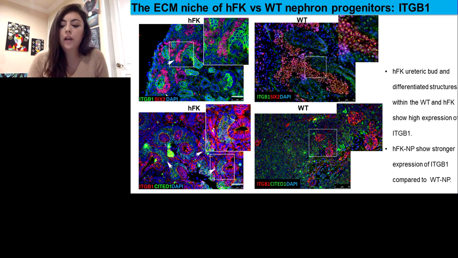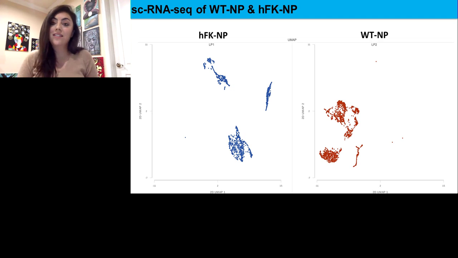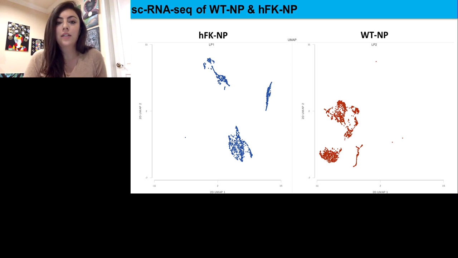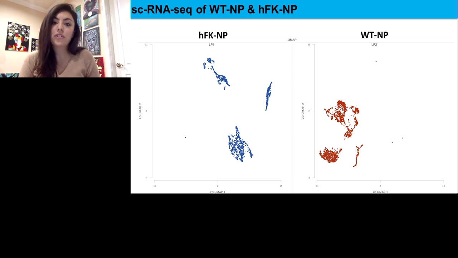Next, we wanted to look at it at a single cell level and identify if this was also the case. So what we did is we isolated Wilms tumor nephron progenitors and human fetal kidney nephron progenitors, and we did single cell analysis on them. And then we merged the data, and we wanted to identify clusters shared solely by Wilms tumor nephron progenitors, clusters only by human fetal kidney nephron progenitors, and some clusters shared together.